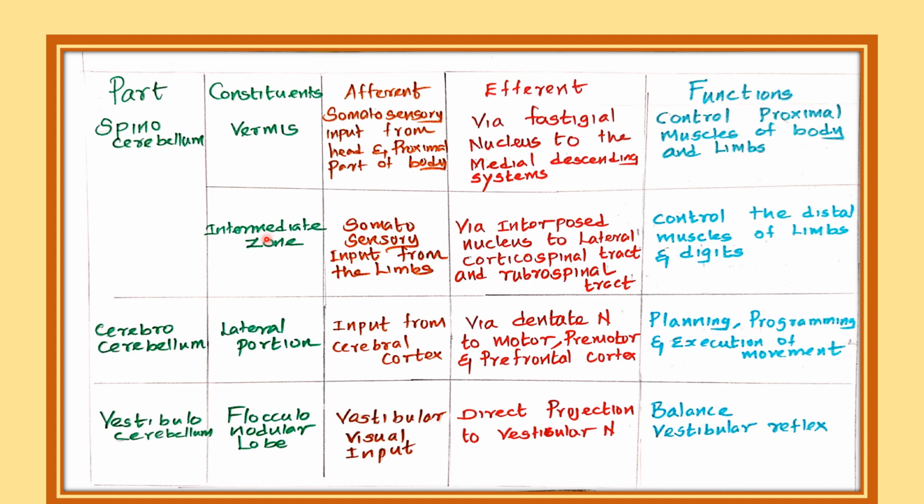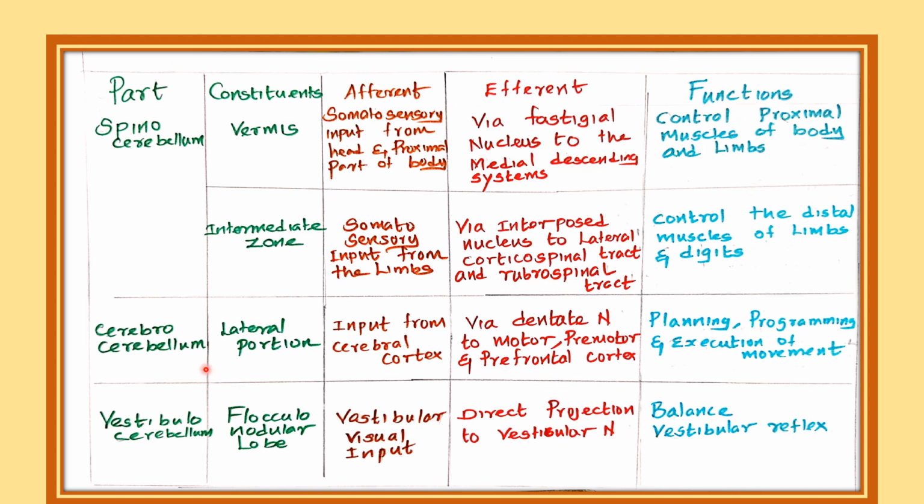The intermediate zone receives sensory input from the limbs. It efferents through the interposed nucleus to the lateral corticospinal tract and rubrospinal tract. It controls the distal muscles of the limb and digits. It is important for skilled voluntary movements.